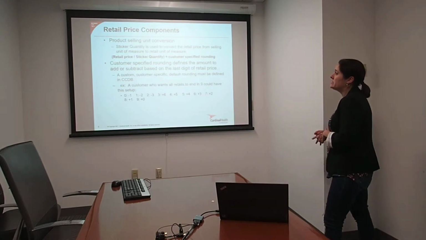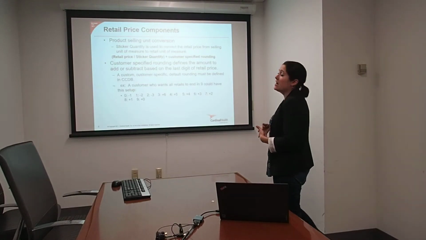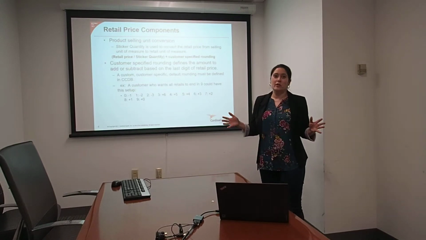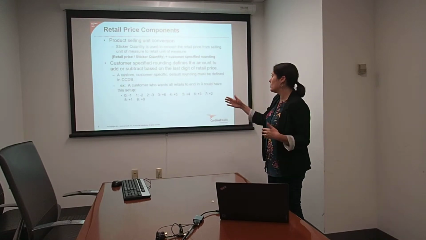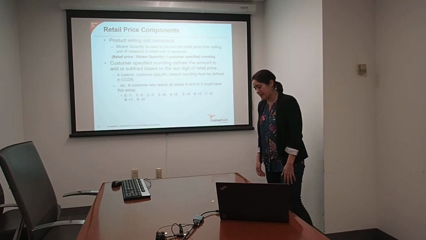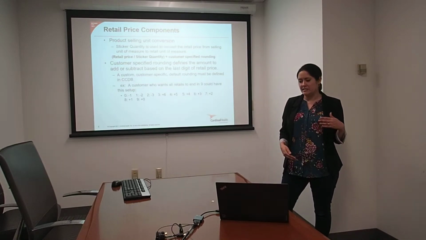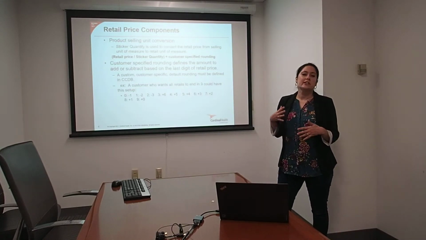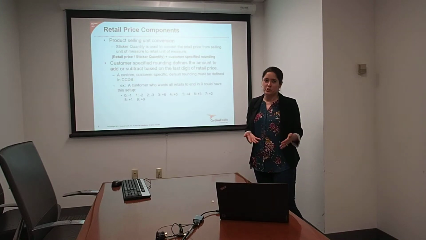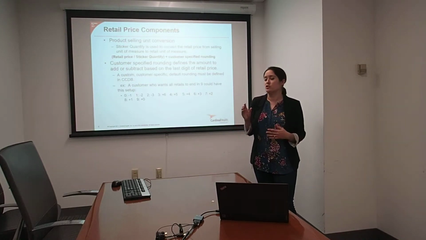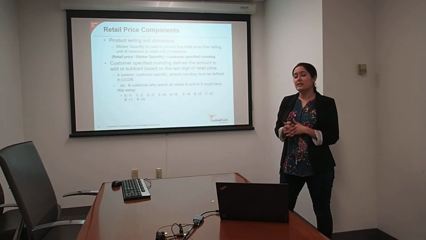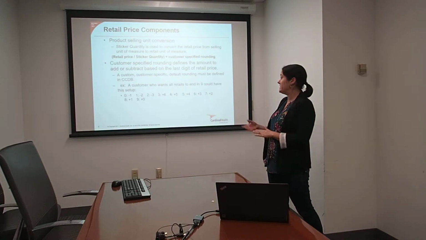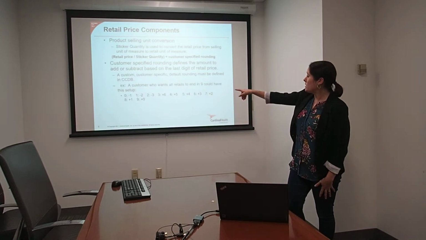Then another component is the specified rounding. The default is 0, so that means basically 0 across the board. That means that if the calculated retail price is $2.82, that's what's going on the sticker, $2.82. Now, a lot of customers would want it to end in 9. So they would want this setup.